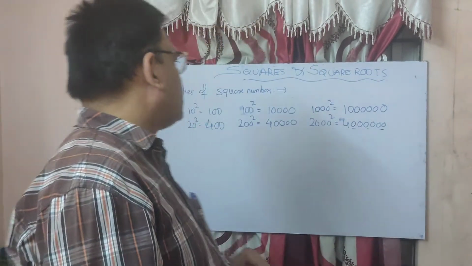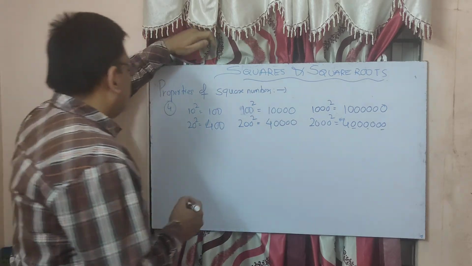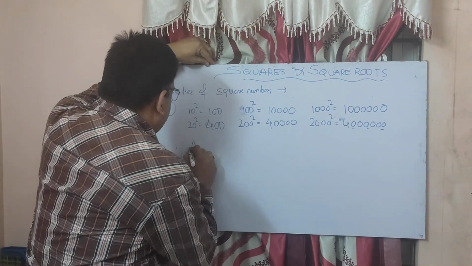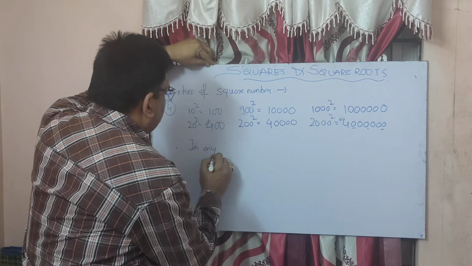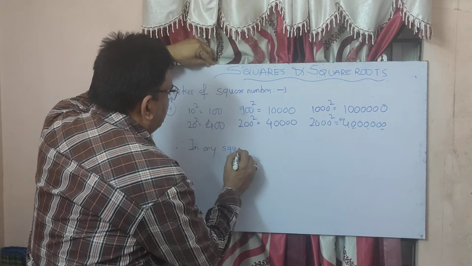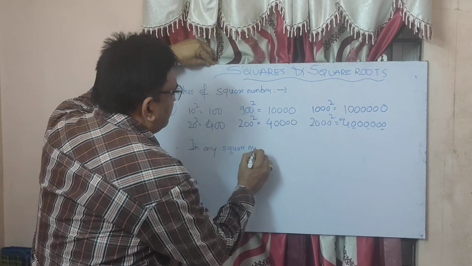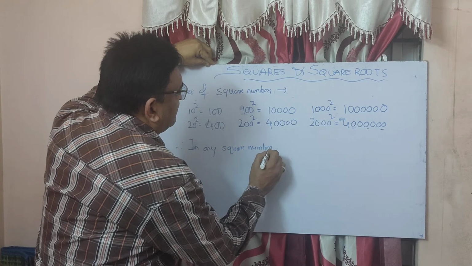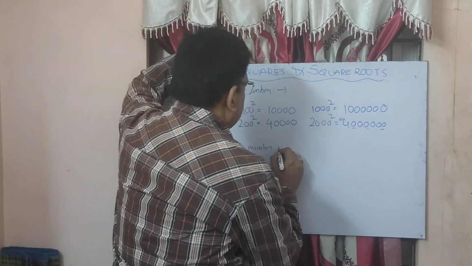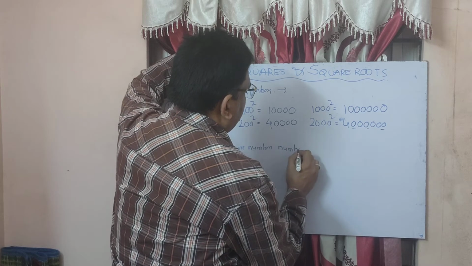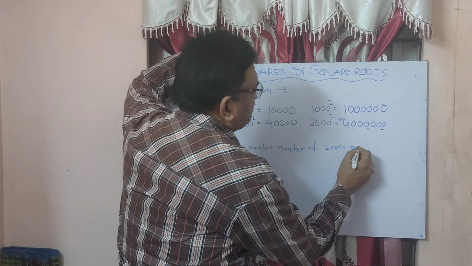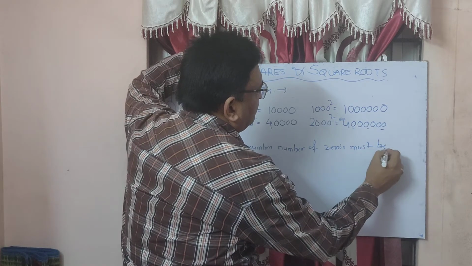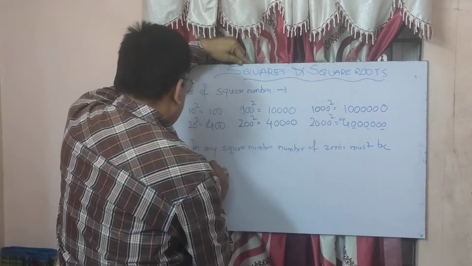So the last property is what? In any square number, the number of zeros must be even.